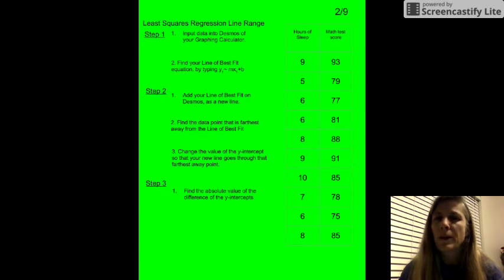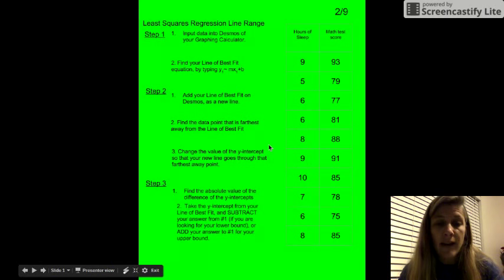What that means is we're going to subtract the y-intercept of your original line of best fit and the y-intercept of our new lower bound in this case, and we're going to see how far apart they are from one to the other.